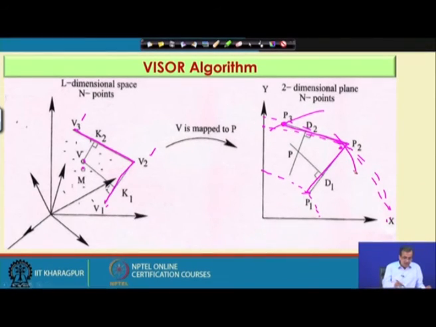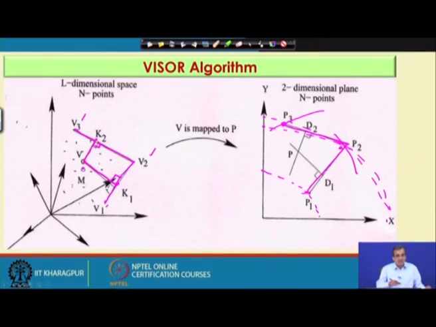So, from this particular V, we draw the perpendicular on V1V2, something like this. Similarly, we draw the perpendicular on V2V3 like this. So, this is perpendicular, and we try to locate the points K1 and K2.